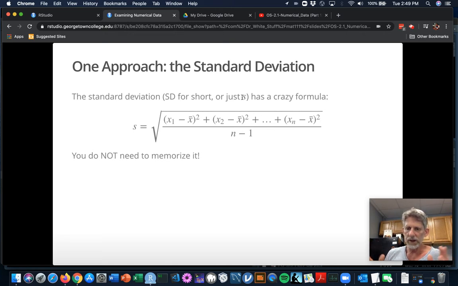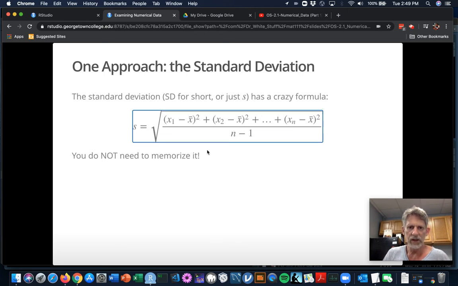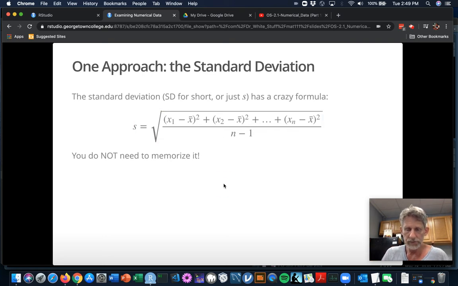It has a kind of complex formula. Here it is. But you don't have to memorize it. And that's because R is going to compute this number for you. We'll come back to the formula, though. It is worth understanding how it works, but just rest assured you don't have to memorize it.